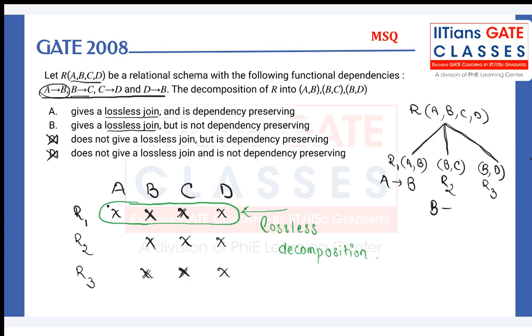R3 has B, D, which is a functional dependency that comes to R3. Or is there any functional dependency that comes to R3? D derives B, right? D derives B can go to R3. Are you able to understand this point?